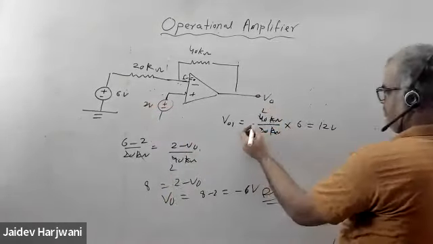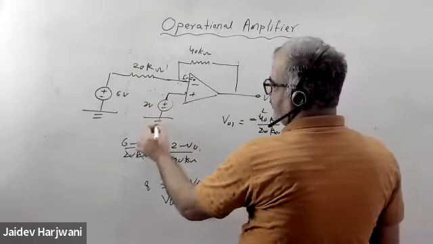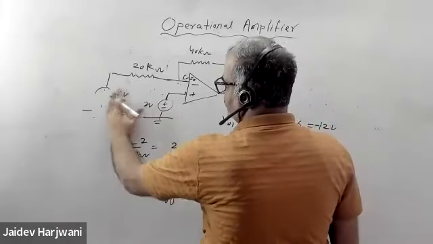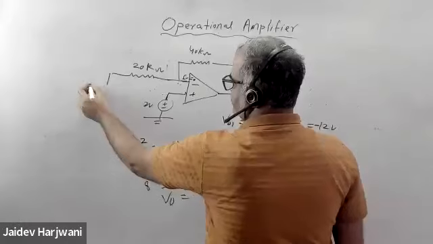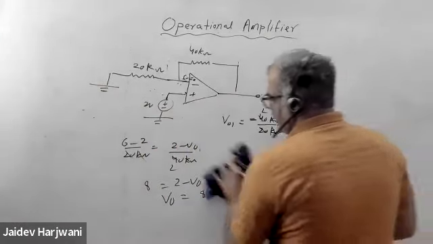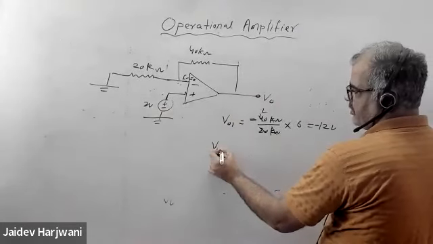Similarly, if you want to calculate the effect of this source, you have to make the other source ground. You turn off this source, and this becomes a non-inverting amplifier. Say this is V02.